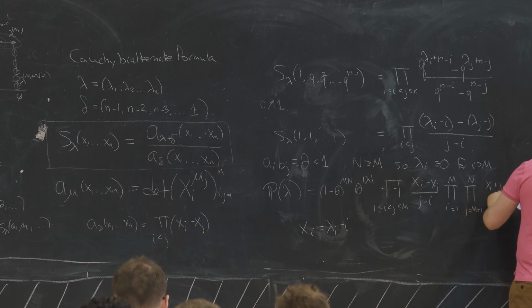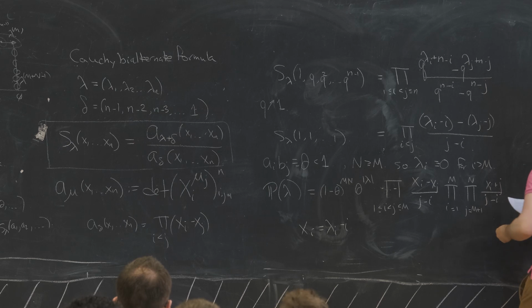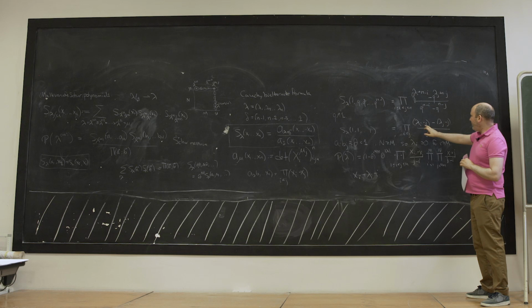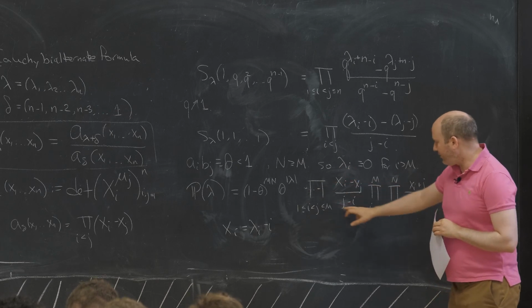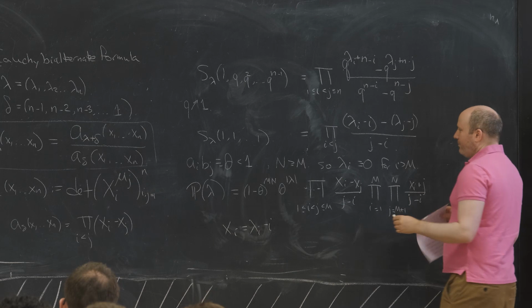There are some terms once j gets too large, where this is just 0. So basically what I'm getting here are the extra terms coming from the fact that some of these are 0, and these are the terms where both of them are potentially not 0. So I get this measure.